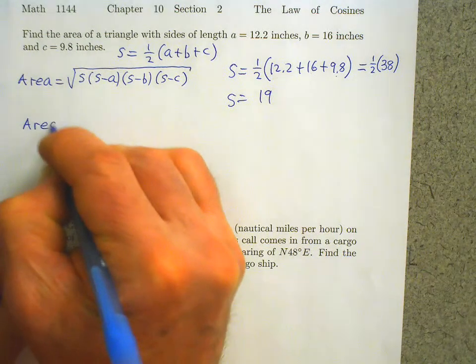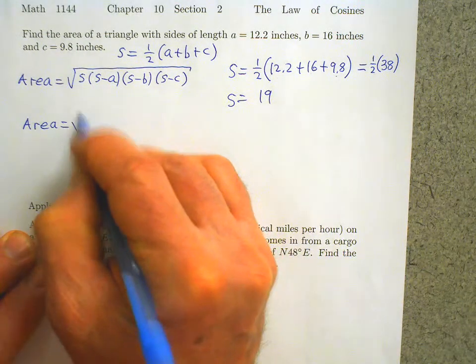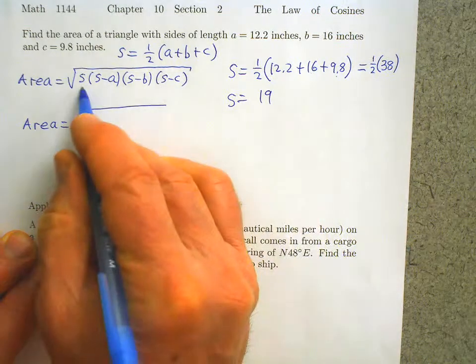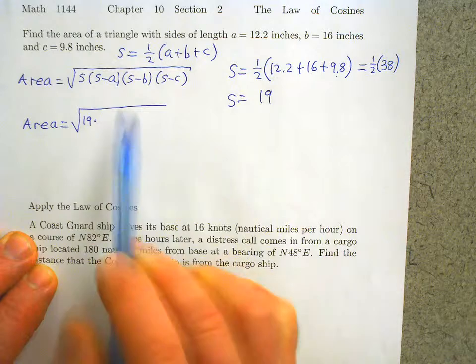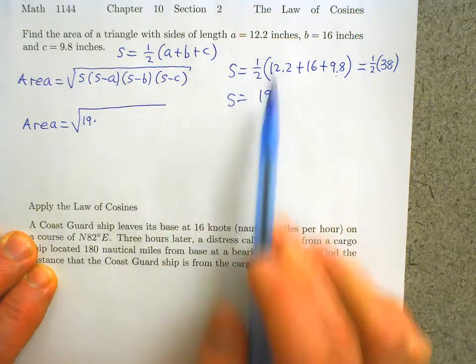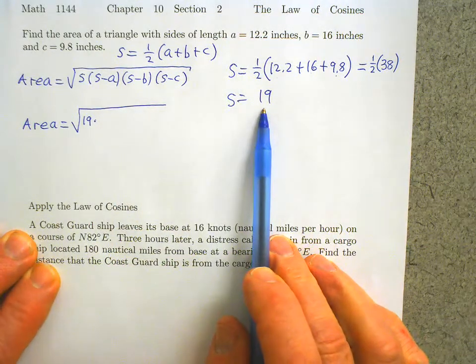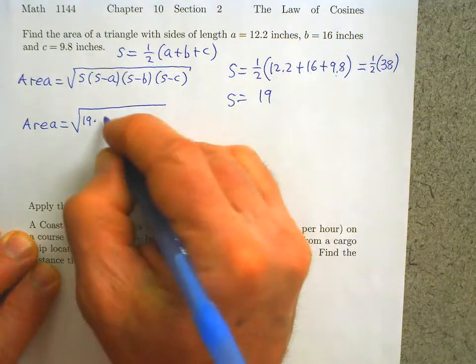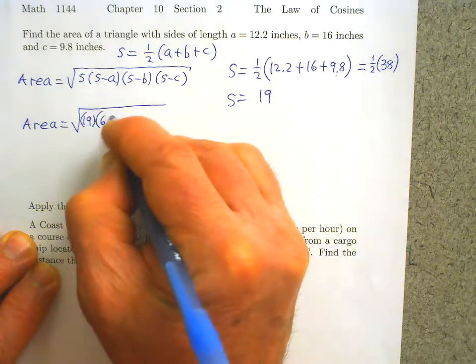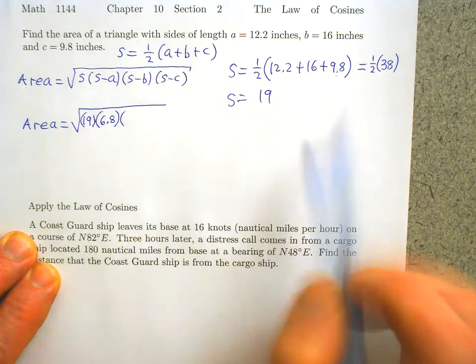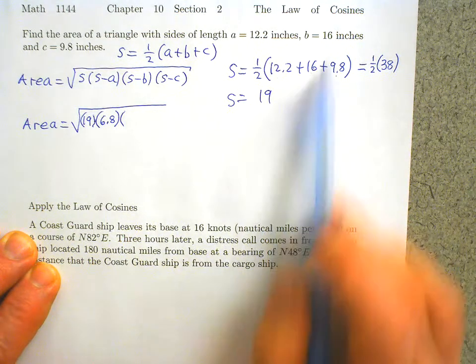So we'll put those numbers inside the square root. So S is 19. A is 12.2 inches, so 19 minus 12.2 is 6.8. B is 16. 19 minus 16 is 3.